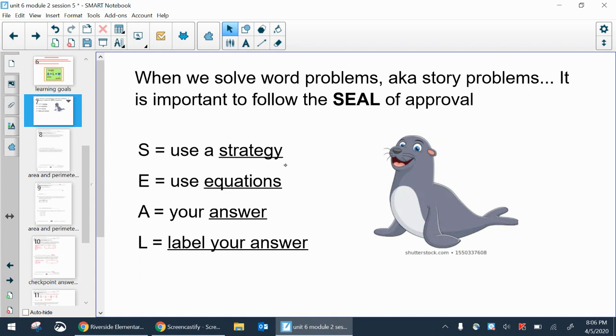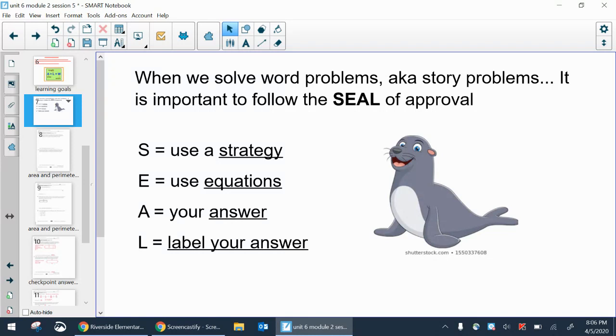And eventually, you might find one that works better for you, and you might want to use that one more than the rest. And if the story problem or any problem doesn't say solve using this strategy, you can really be creative and you can really try to use any of the strategies we've worked on all year.